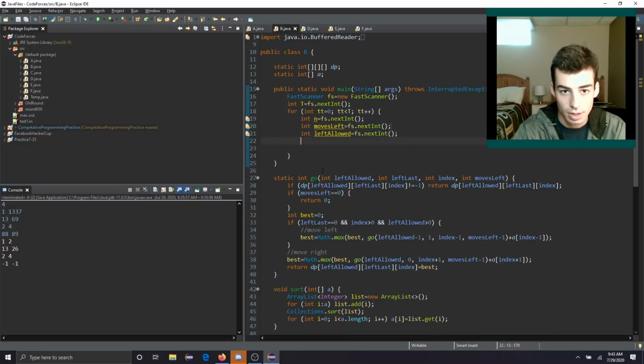Okay. dp equals new int array n, left allowed by 2 by n.